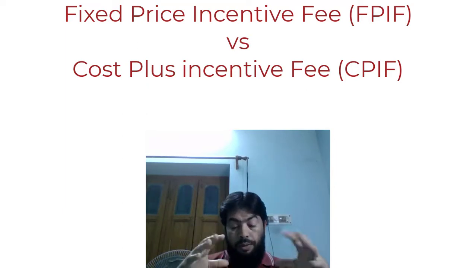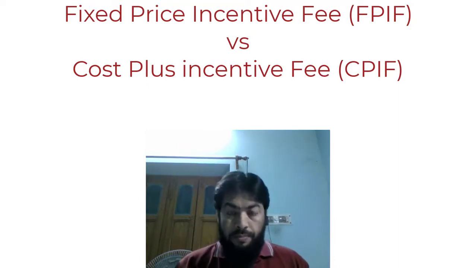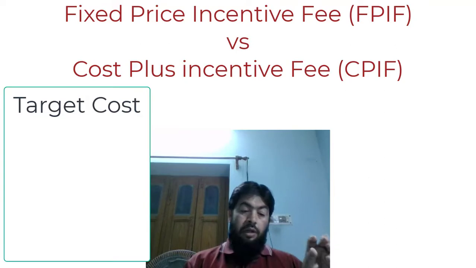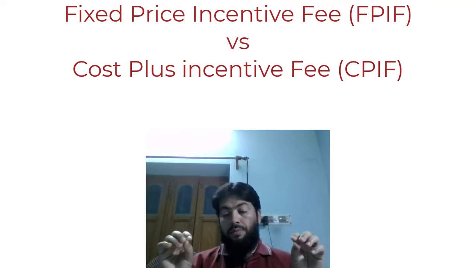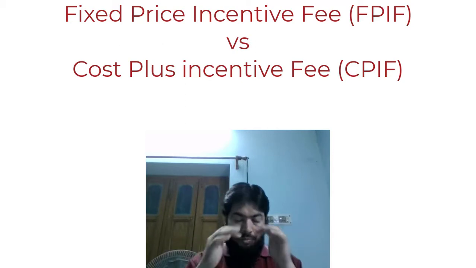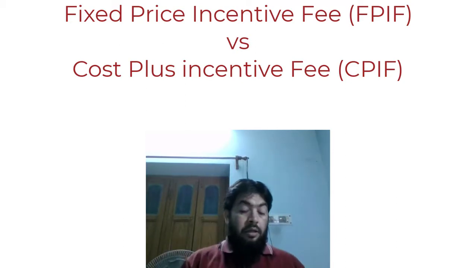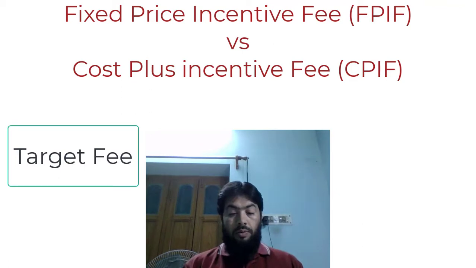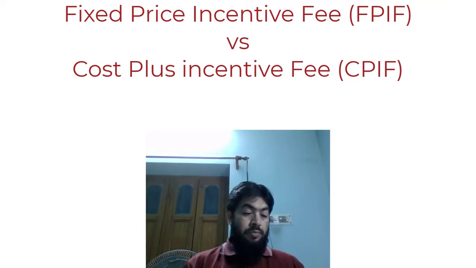Now a few of the parameters are common to both, like target cost. The cost plus incentive fees also has target cost, similar to the fixed price incentive fees. Then target fee and target profit are similar: one has target profit for fixed price, target fee for cost plus.